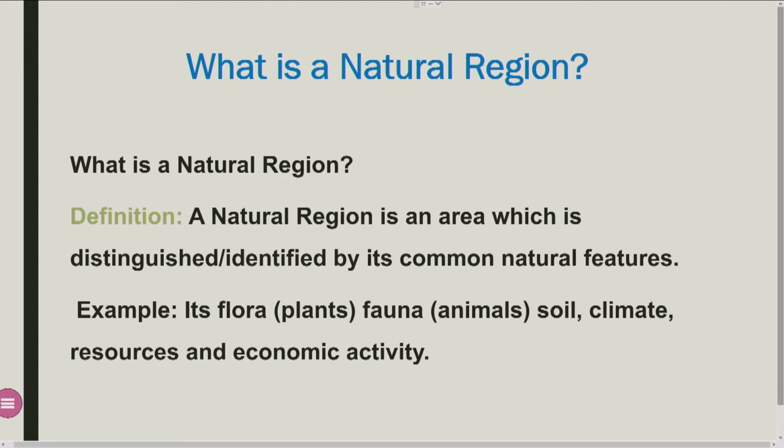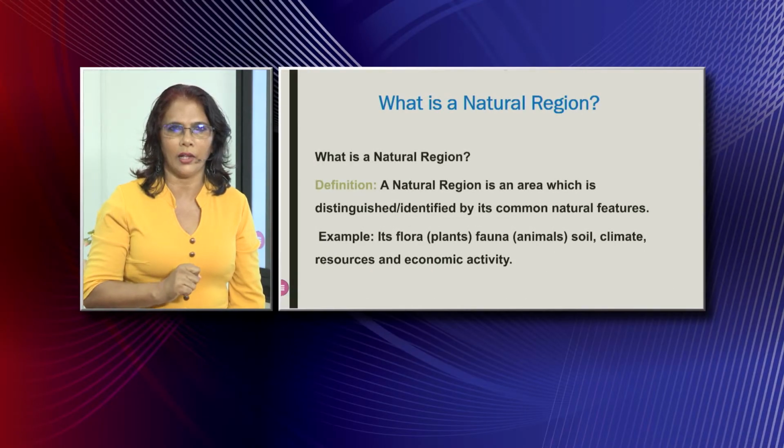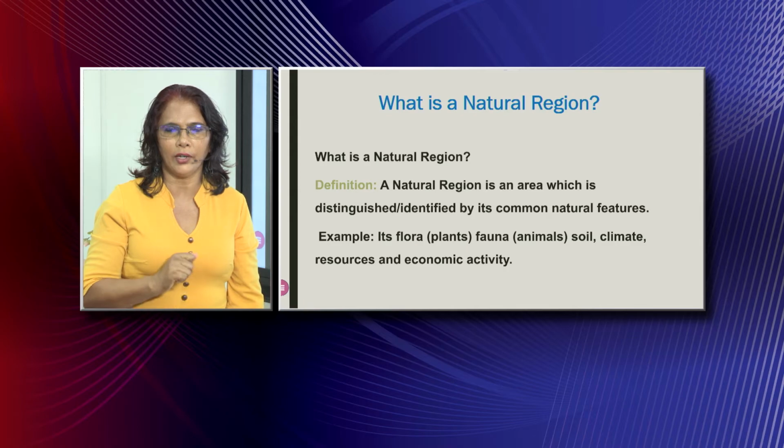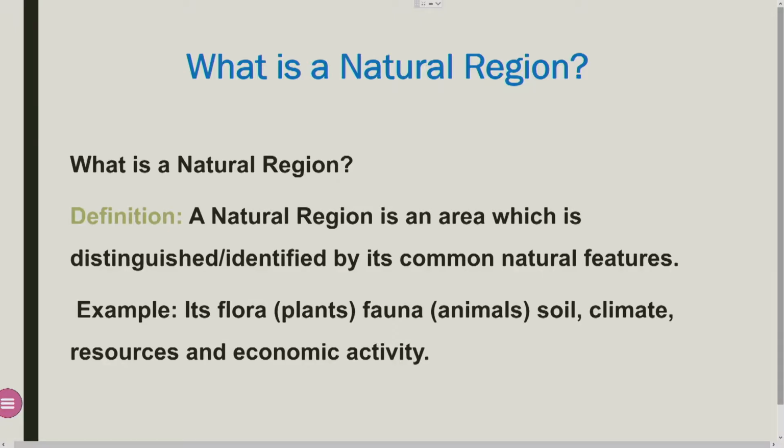Example, its flora, and flora means plants, fauna, which means animals, soil, climate, resources, and economic activity. So a natural region can be identified by its flora, fauna, soil, climate, resources, and economic activity.